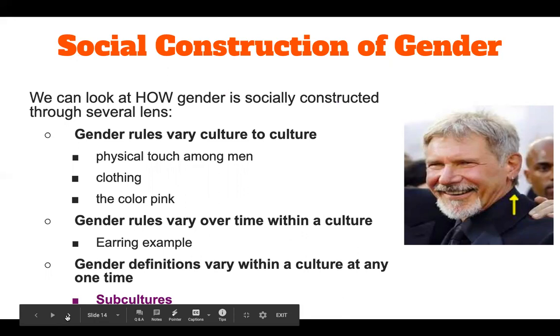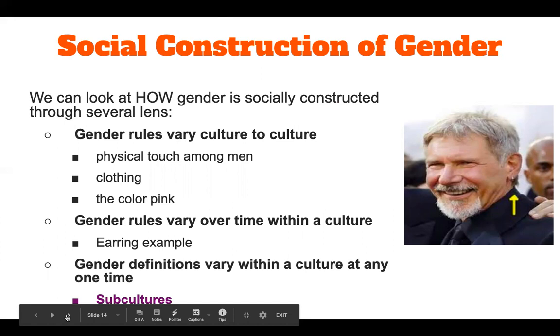But it mentioned that in several European nations, men kiss. They greet each other by kissing on the cheek, as well as in some cases, it's acceptable to give a light peck on the mouth. In several Arab countries, men hold hands, and this is not meant as a romantic or a sexual gesture.